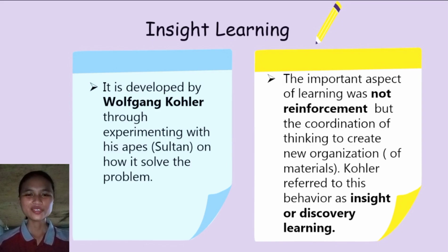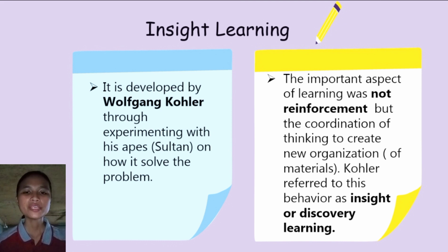So now let us proceed to insight learning. In insight learning, our learning takes place through discovery and insight. It means that it involves our deep intuitive understanding and not reinforcement.